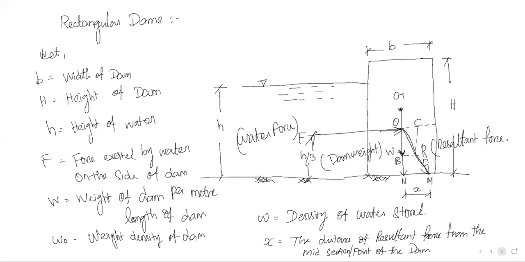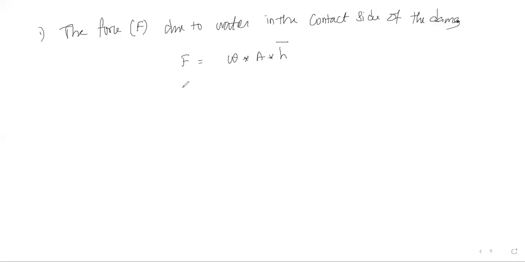Now let us move on to the force due to water pressure. So F is equal to density into area into h. For the area, we are going to consider per meter length, or per meter width of the section.